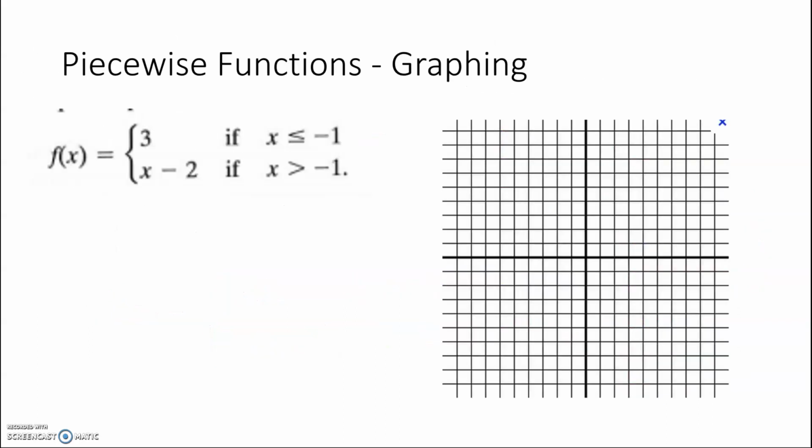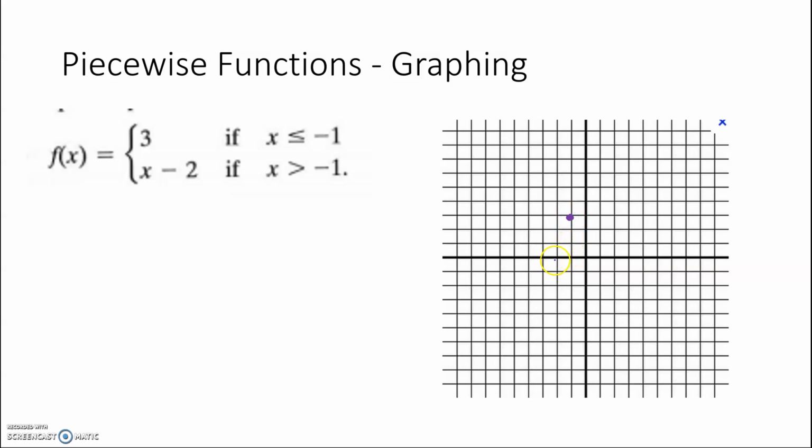All right, moving on. And last but not least, graphing piecewise functions. Again, you're working over an interval. This first one says basically it's 3 for every x value less than or equal to -1. So if x is -1, y is 3.